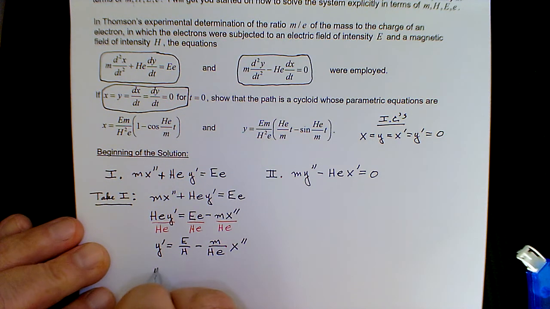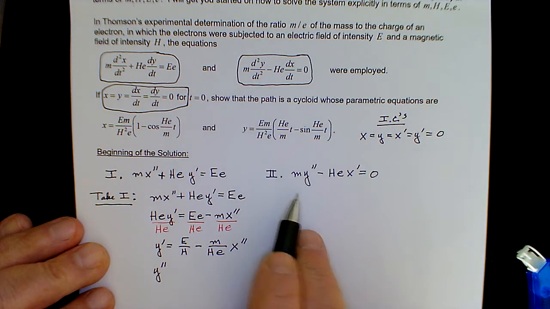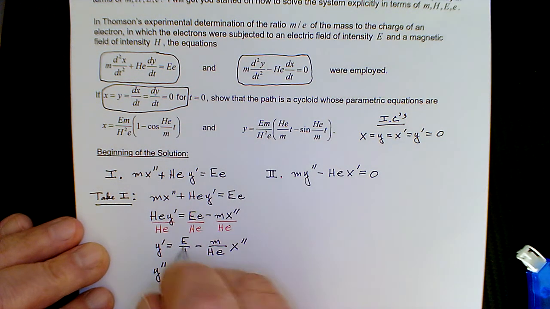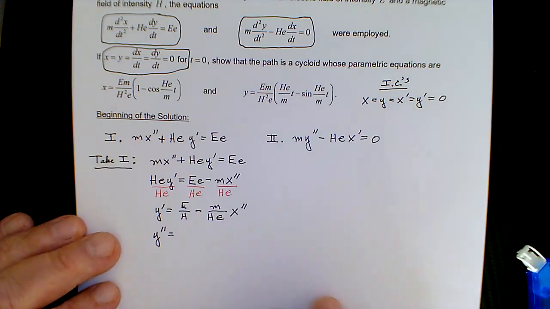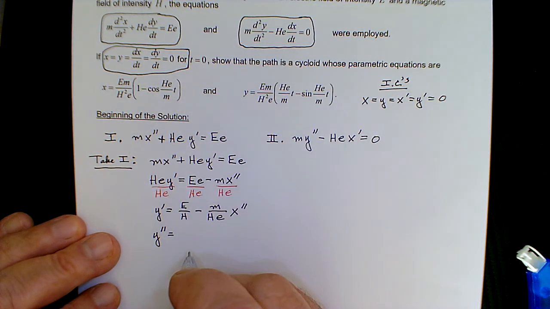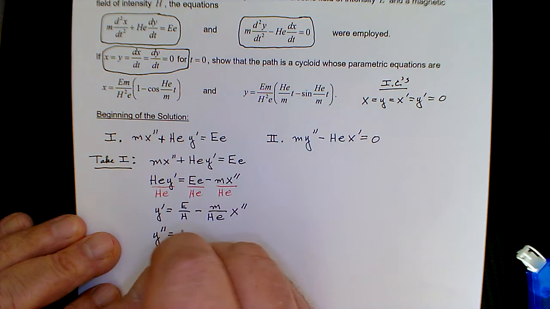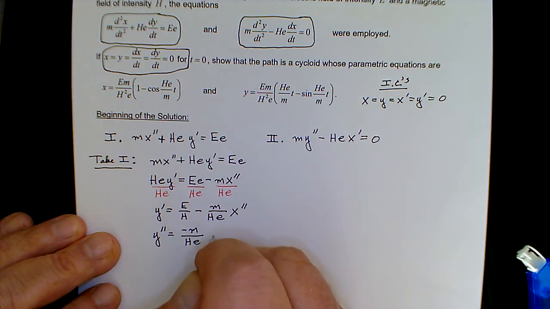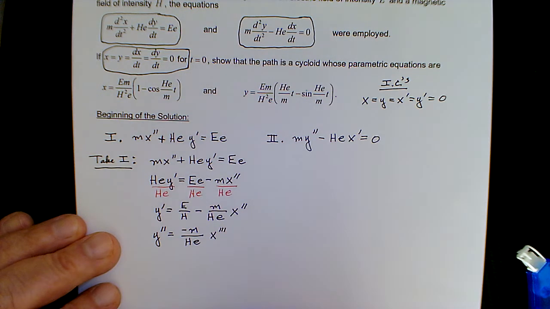And now calculate y double prime, because we're going to substitute into this equation. The derivative of E over h, since they're both constants, is 0. This is just a coefficient, a constant multiple, that's going to tag along in the differentiation process. So minus m over h e, and then times the derivative of x double prime, which is x triple prime.